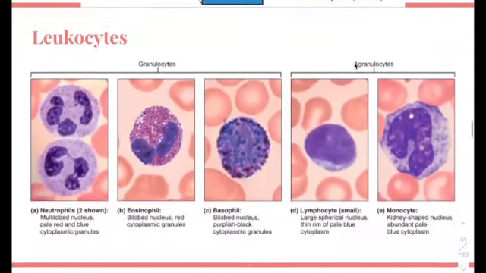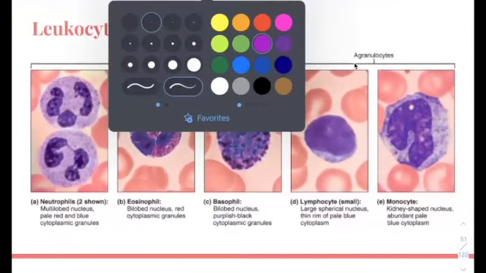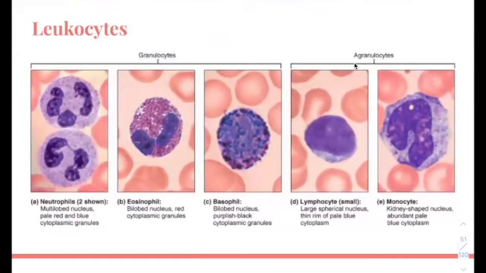But if we look at a neutrophil, this nucleus is considered multi-lobed because the lobes do connect to each other. So it may look like there's more than one nucleus, but it has connections between each part.